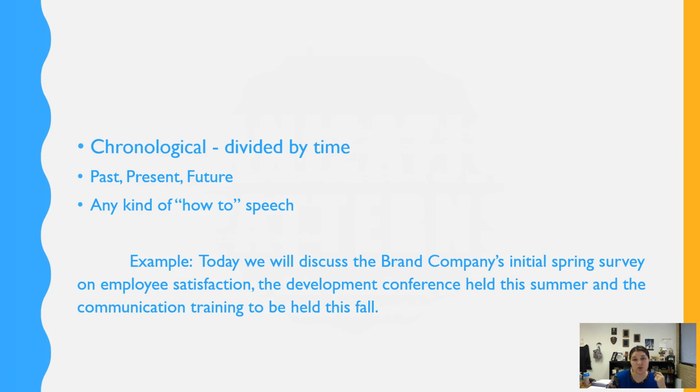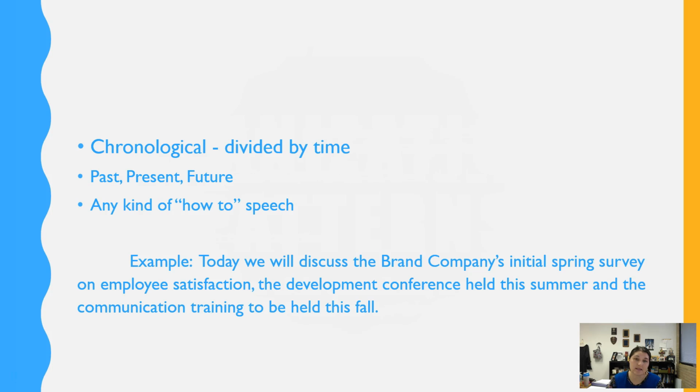All right, chronological. Chronological is divided by time, so past, present, future. Any kind of how-to speech when you have to do steps in order, that's a chronological organizational pattern. So the example is, today we will discuss the brand company's initial spring survey on employee satisfaction, the development conference held this summer, and the communication training to be held this fall.